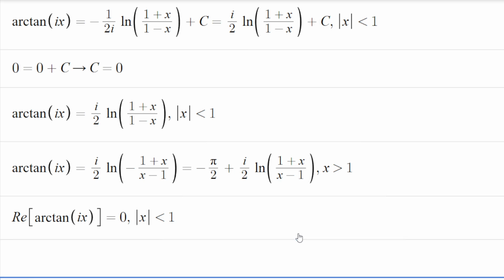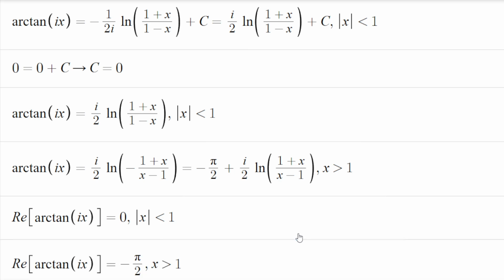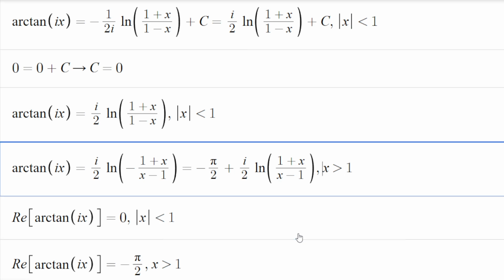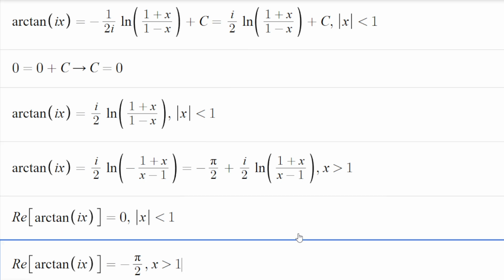And the real part of the arctangent ix function for x greater than 1 is going to be negative pi over 2, because for x greater than 1 this will be a purely real expression, and then multiplied by the imaginary unit it will be purely imaginary, so it does not contribute to the real part, so we just have the constant.